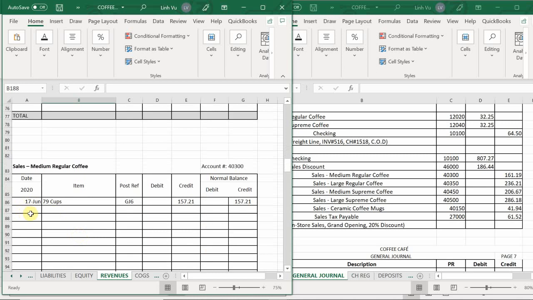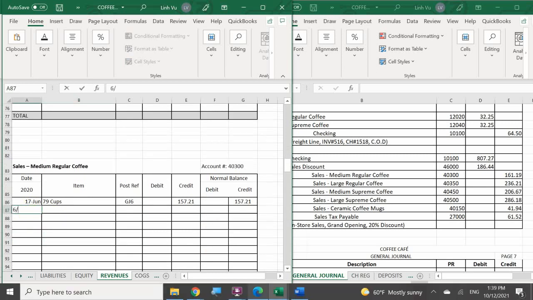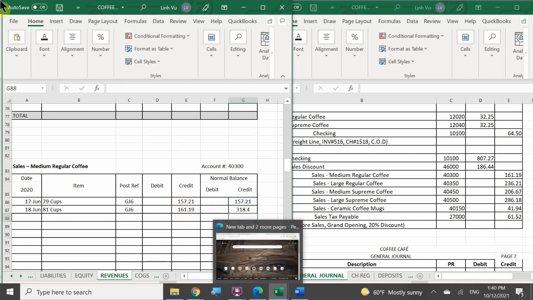Okay, here we go. Medium sales. How many cups of coffee did we sell? We sold the medium one, 81 cups. 161.19, 380 and 18.4. Good.